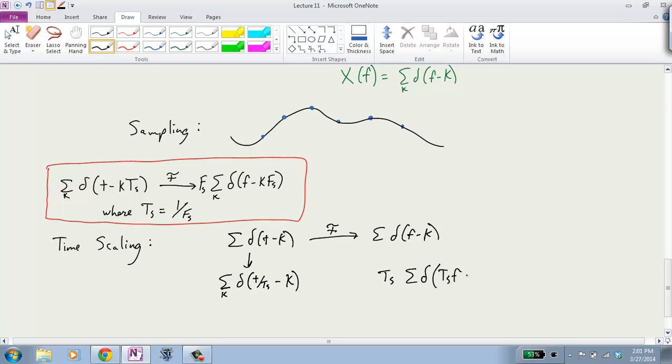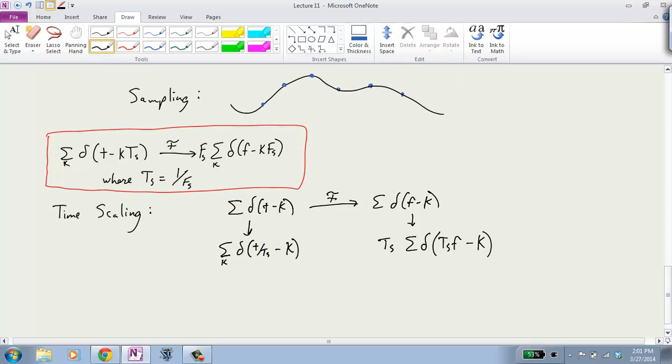Ts f minus k. Okay, this is what time scaling says will occur, right? So far, it does not look exactly like what we want.